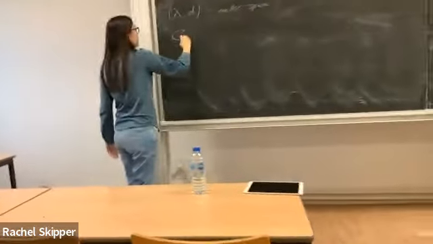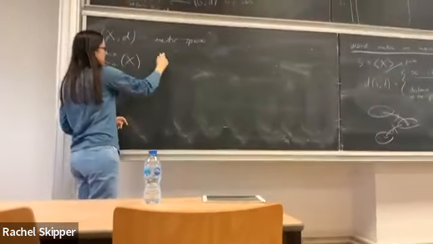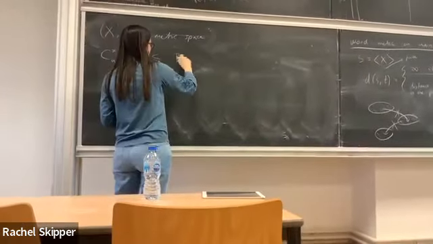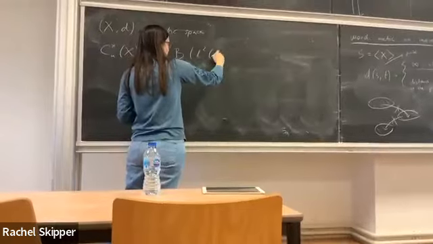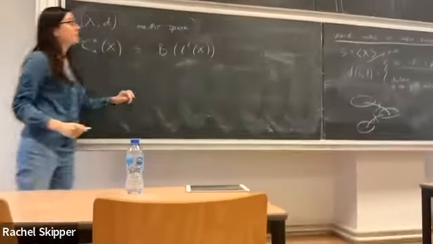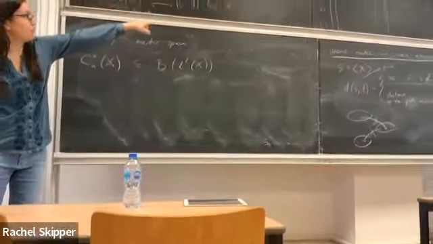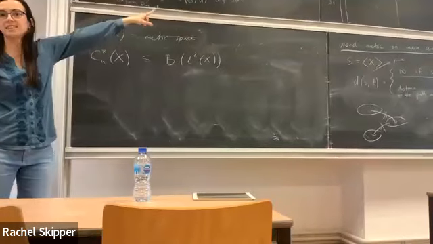So this uniform Roe algebra is going to sit inside the bounded linear operators on L2(X). So it's going to be an infinite matrix indexed by delta x.